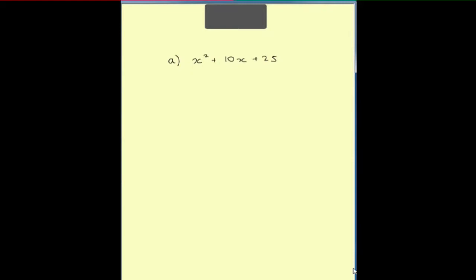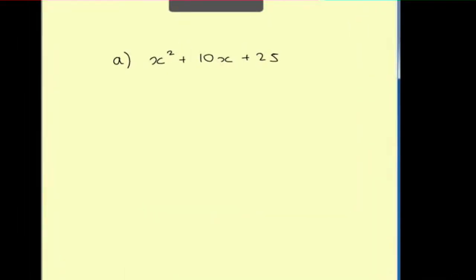So x squared plus 10x plus 25. So a is equal to 1, b is equal to 10, and c is equal to 25. So we need to think of two numbers that multiply together to get the value of c and add together to get the value of b. So the two numbers we're interested in are 5 and 5.